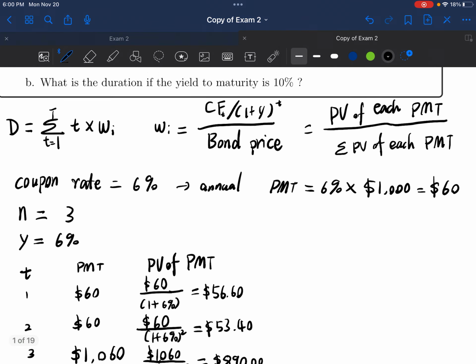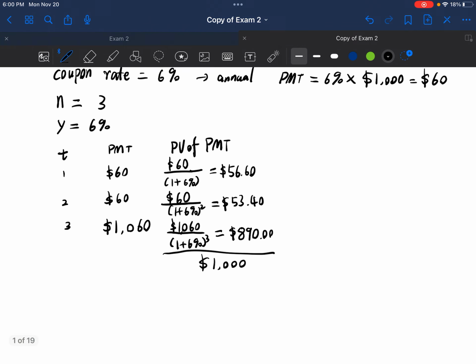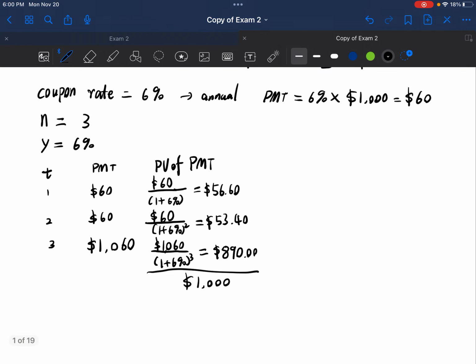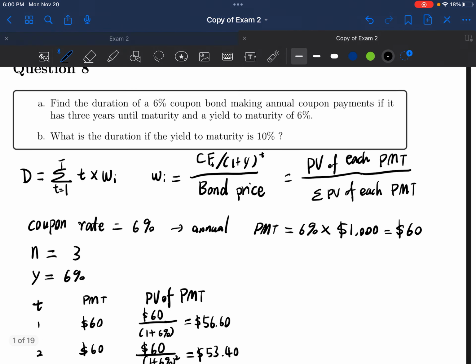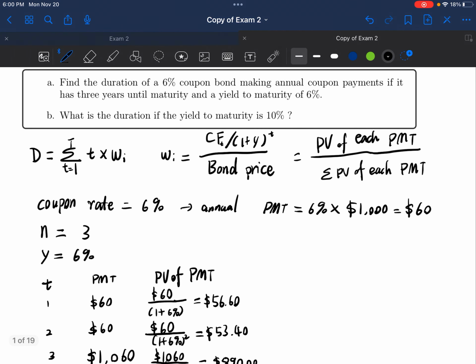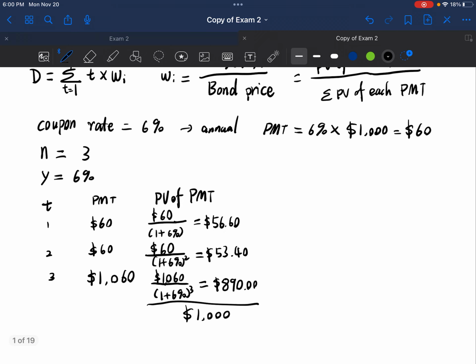The present value of this bond should be less than that, because it actually pays you less each year. If you hold this money, you should get interest of 10%, but this bond only gives you 6%. So that will make the bond cheaper, the present value of the bond cheaper.